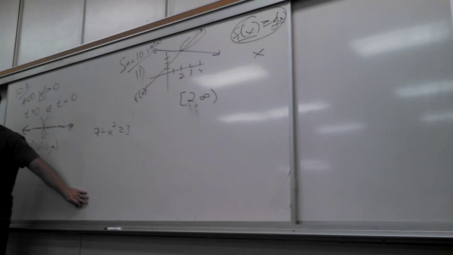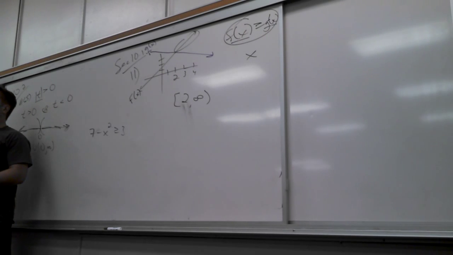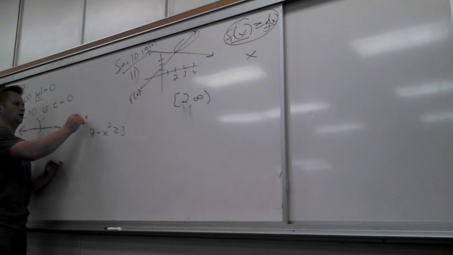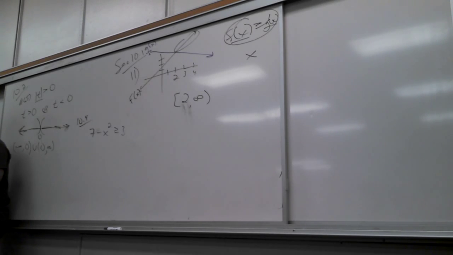Oh, okay. So how is this different from the problems you were doing before for section 10.4? What was the big point about 10.4? What did it have to be related to? 0. And it currently is not, right? So what can I do to make it related to 0? Yeah, subtract 3.